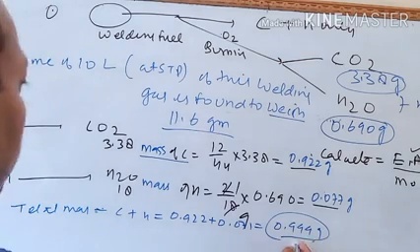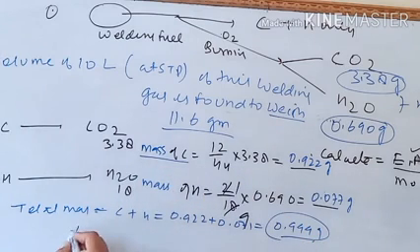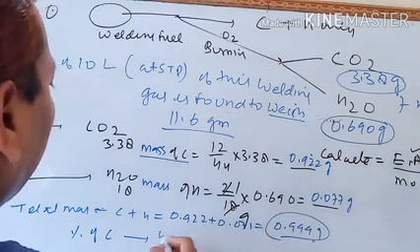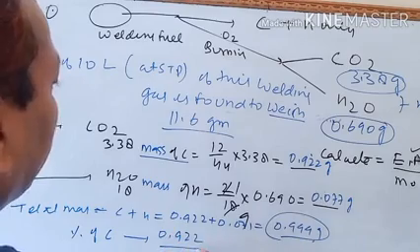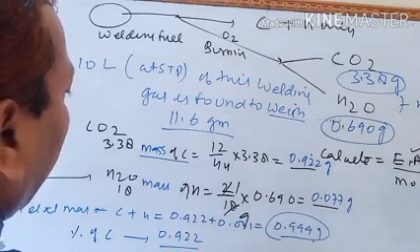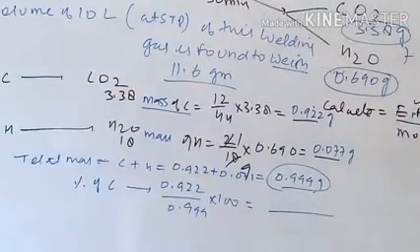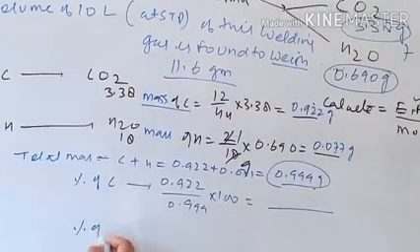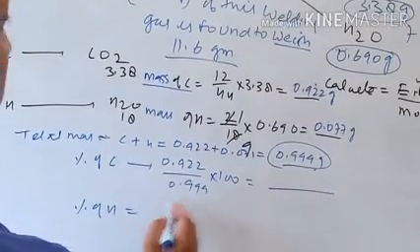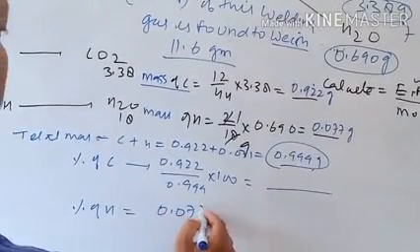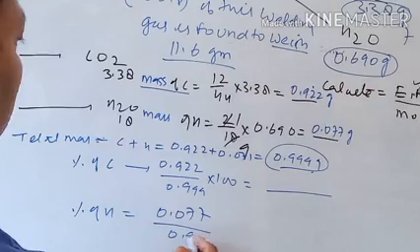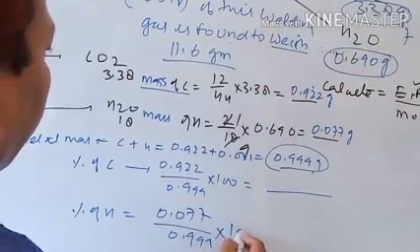Now calculate the percentage. The percentage of carbon is 0.922 divided by 0.999 multiplied by 100. Similarly, the percentage of hydrogen is 0.077 divided by 0.99 into 100, the total mass.